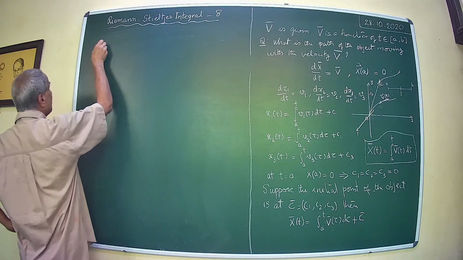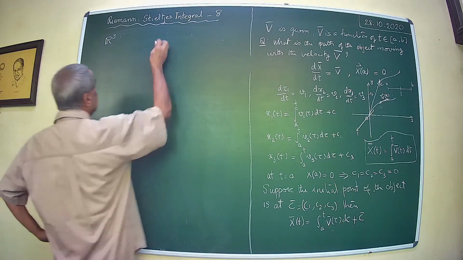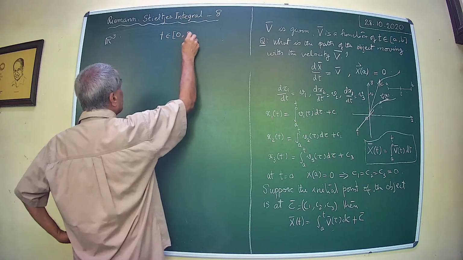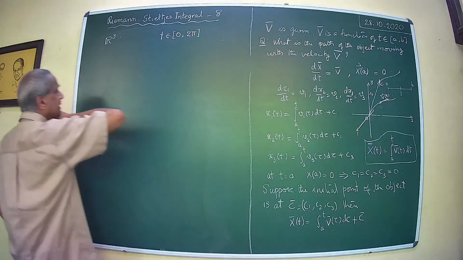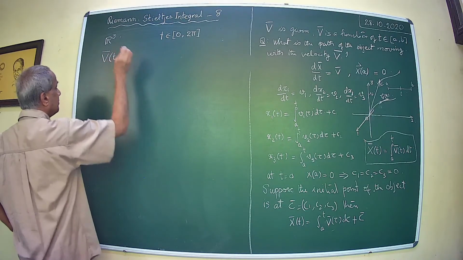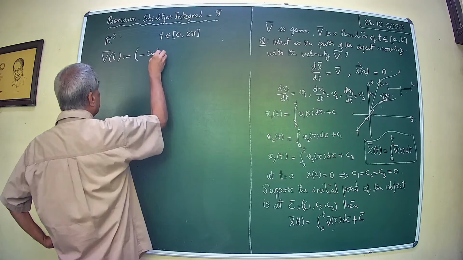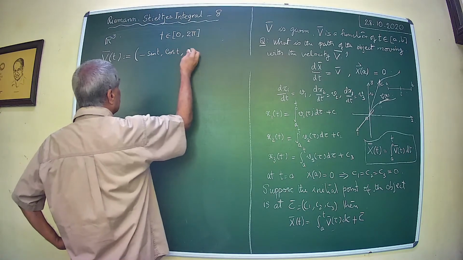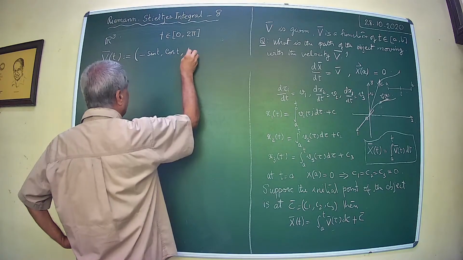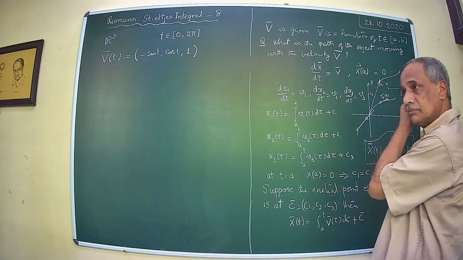So we are in R3 and the interval T is 0 to 2 pi, say, for convenience, and we take V to be defined as the vector minus sin t, cos t, and 1. Okay.